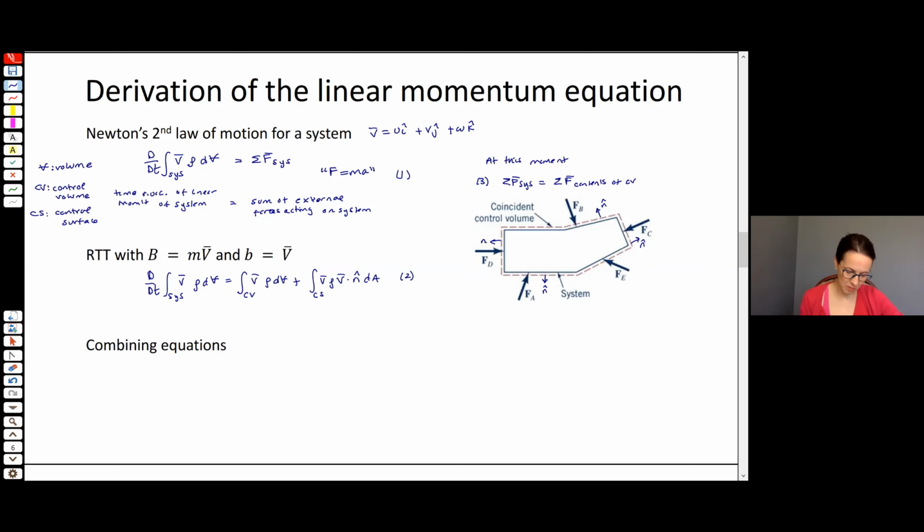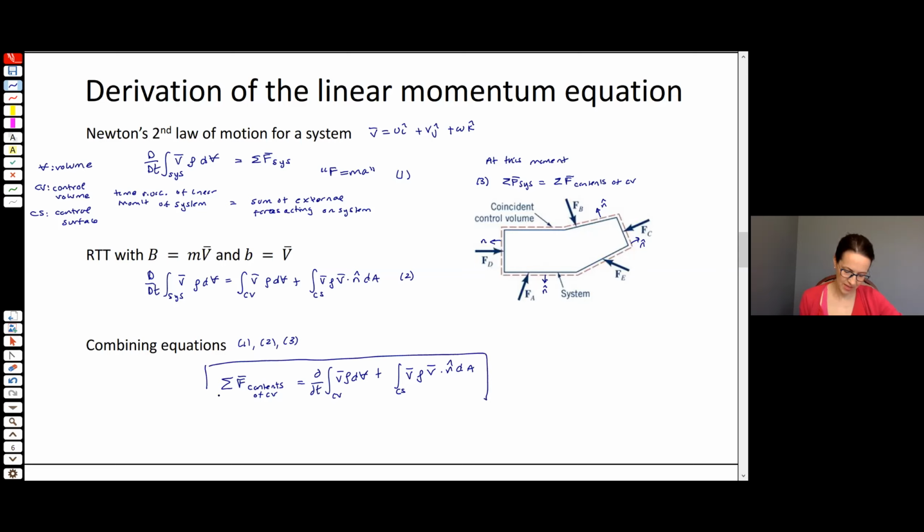All right, so if we now combine equations 1, 2, and 3, we get that the sum of the forces on the contents of the control volume is equal to this integral over the control volume, this unsteady term that usually goes to 0 in practice, plus the integral over the control surface, which is the main term that we're going to be working with in this equation.